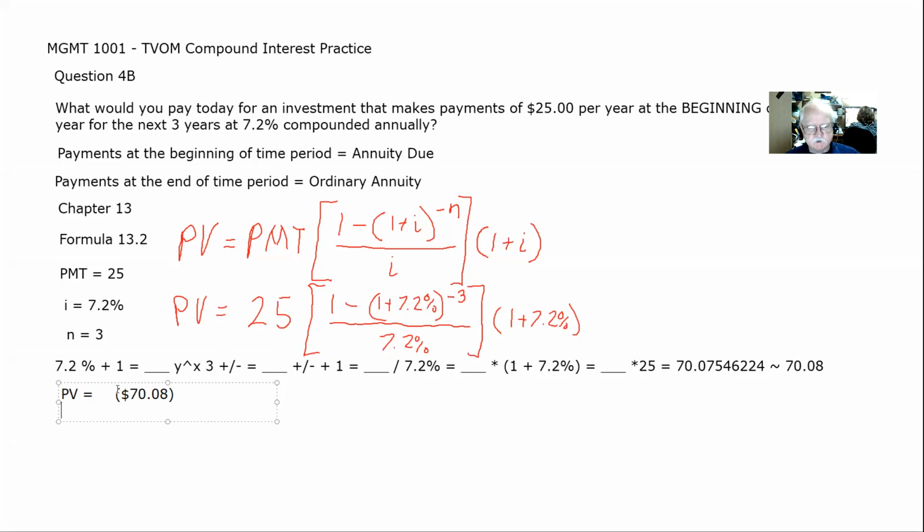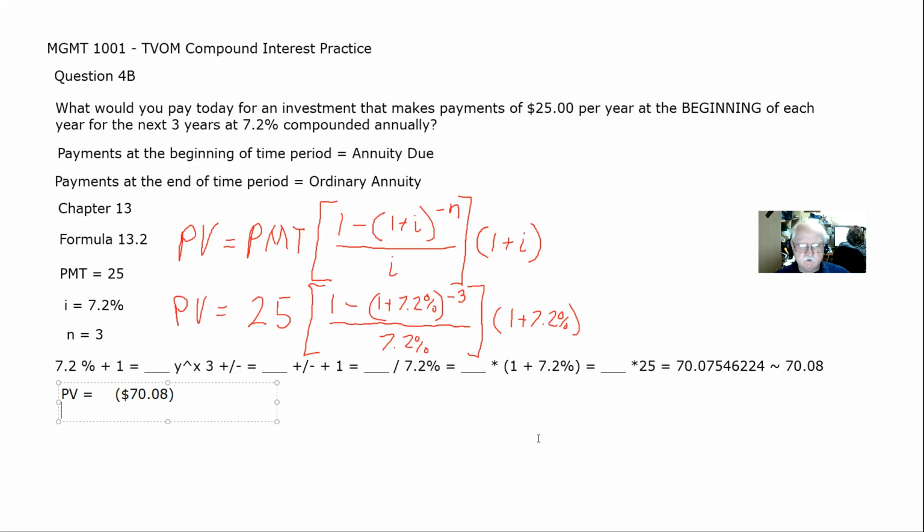And the reason this one is a slightly higher amount is because we're getting the payments earlier than before, because the payments are at the beginning of the period. So hopefully that made perfect sense.